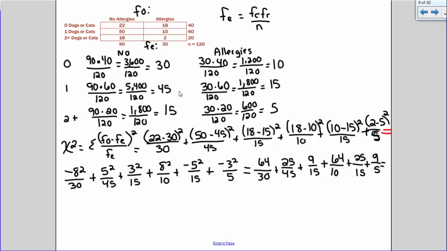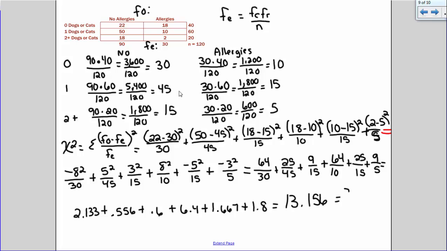So we have 2.133 plus 0.556 plus 0.6 plus 6.4 plus 1.667 plus 1.8, and we get a whopping chi-square of 13.156.